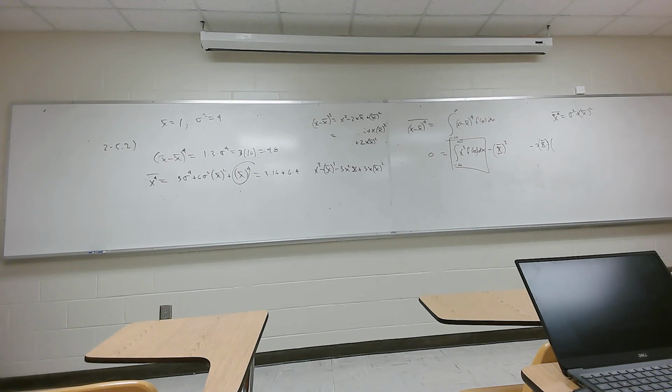I guess that's generally true though. We covered this last time. The second moment is sigma squared, the variance, plus the average value squared. I forgot where that was, but I know we did that.